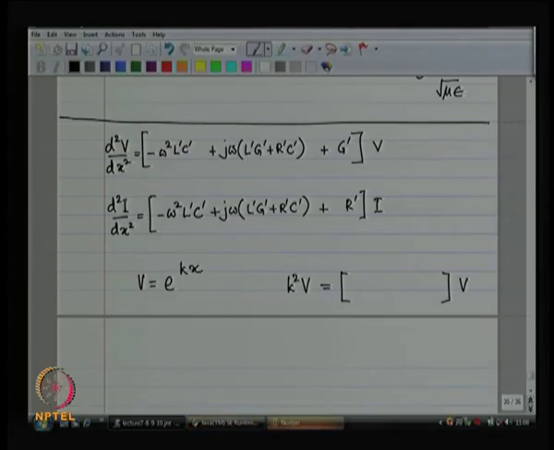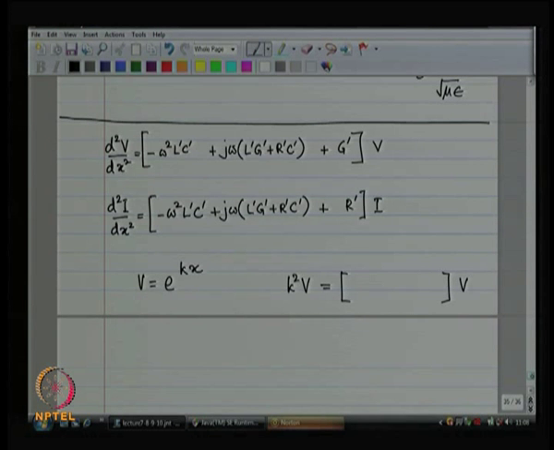Square root of a complex quantity is going to be what? Square root of the magnitude times exponential of plus or minus j times the phase, right. So, we need to understand that there are two solutions for k, one is the positive root, the other is the negative root, right.